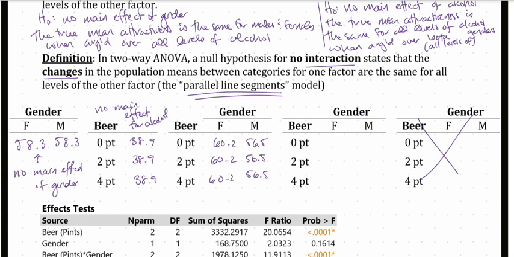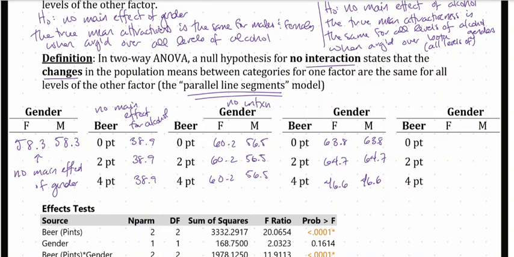We might instead, and now I'm remembering why I have these extra things, so this would be for no interaction. We might instead see something like this: 63.8, 63.8, 64.7, 64.7, 46.6, 46.6. And if we had data that looked like this, we could say, well, if you are female, so for a fixed level of gender, the change when you go from 0 to 2 pints is about 1 point, and the change from 2 to 4 pints is a drop of about 20 points.